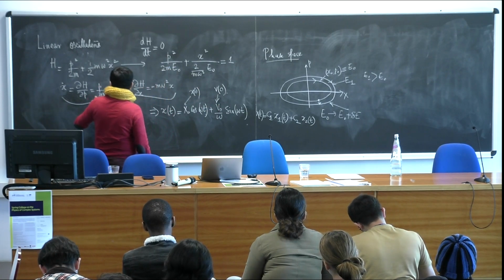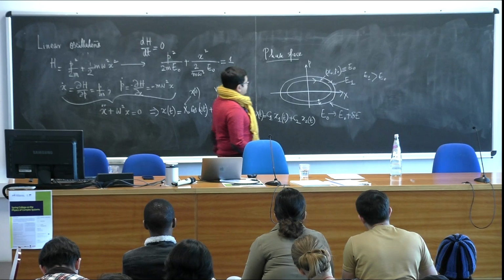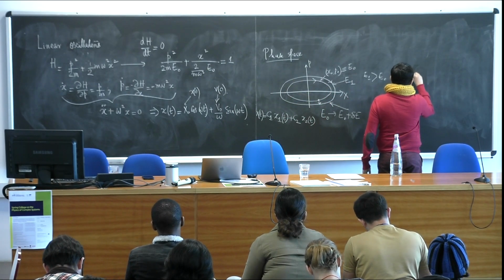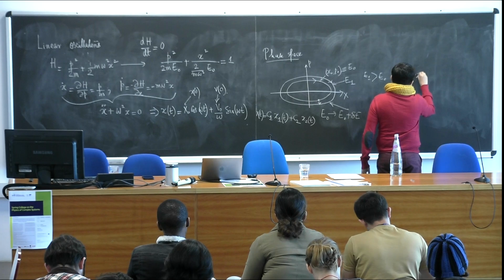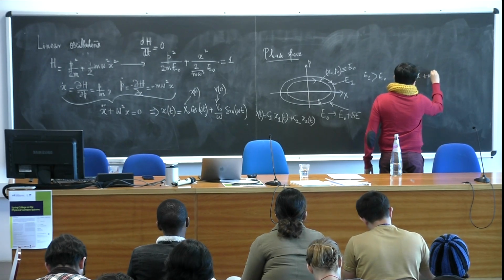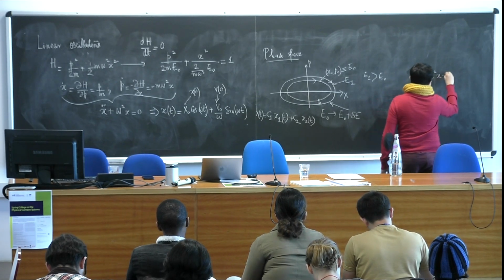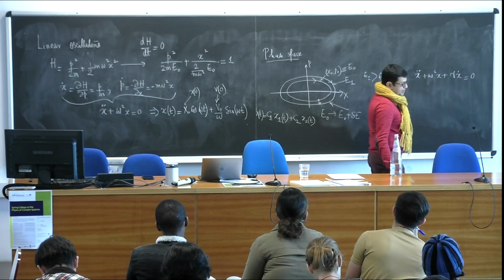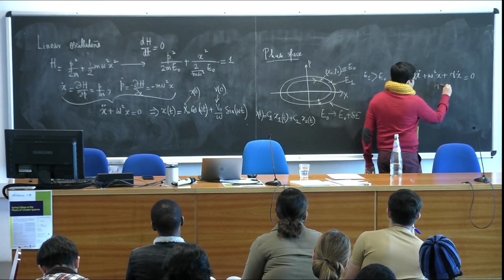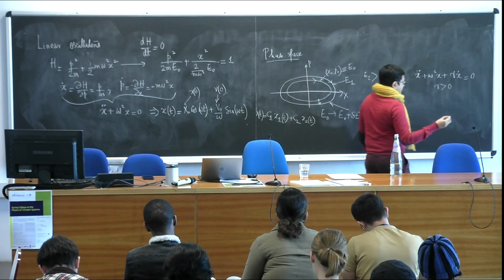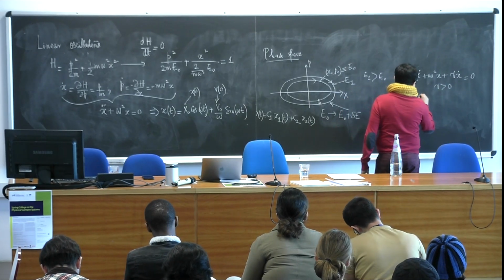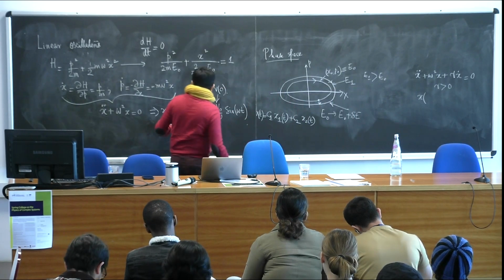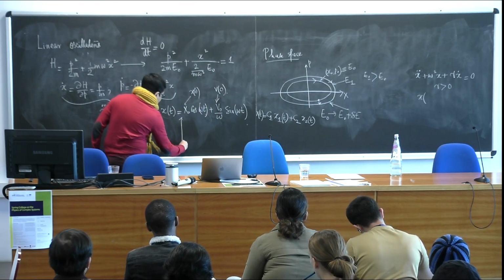If, for example, instead of studying the simple harmonic oscillator the way I have written, suppose you do this: x double dot plus omega square x plus gamma x dot. If you bring in some dissipation in the system where, let's say, gamma is positive, then also you can work out the solution exactly. Then what is going to happen is that x of t at long times would just oscillate as a function of time.